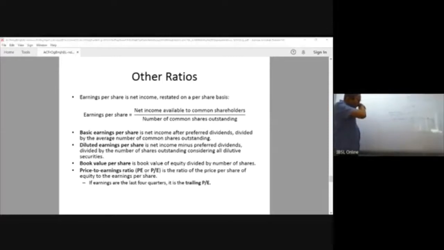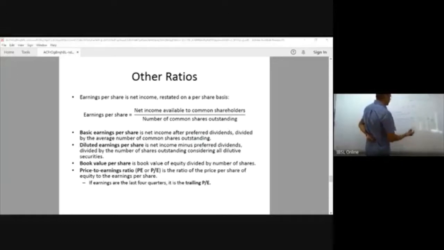Now, where it becomes useful is, if you are working for a bank, what is the common P/E ratio of banks? Let us say the common P/E ratio of banks in the industry is 5.